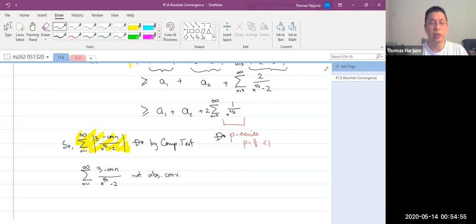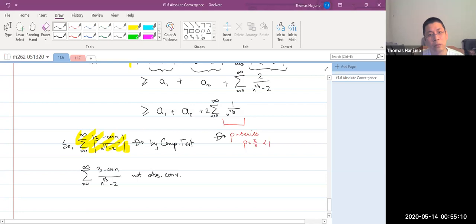Now then, is it conditionally convergent? No, the thing is, this is not alternating though. This is not alternating, my bad. Even without absolute value, I'm fine. So not absolutely convergent now.